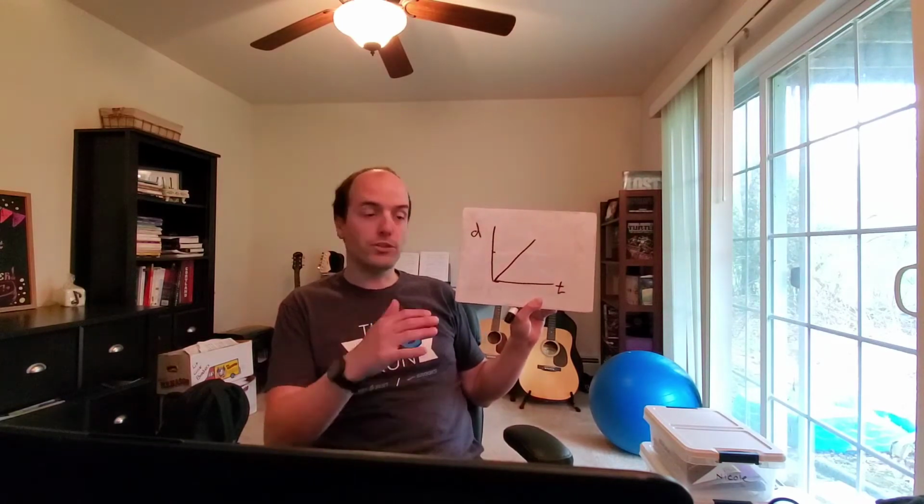Now, if you have an object that has a graph that looks like this, where you have some sort of slope, this object is moving with constant velocity. Okay. It's moving with a constant velocity.